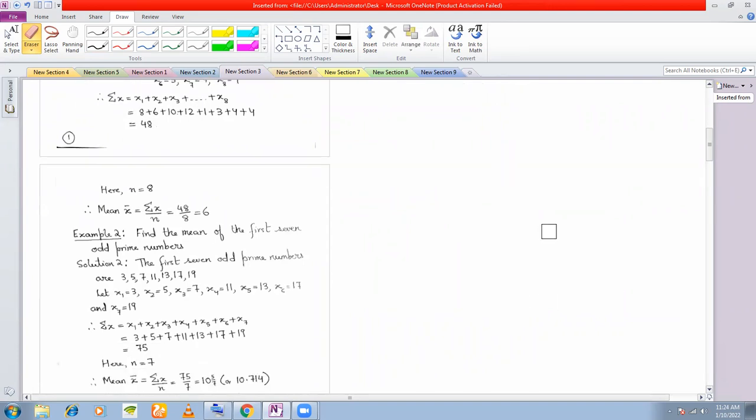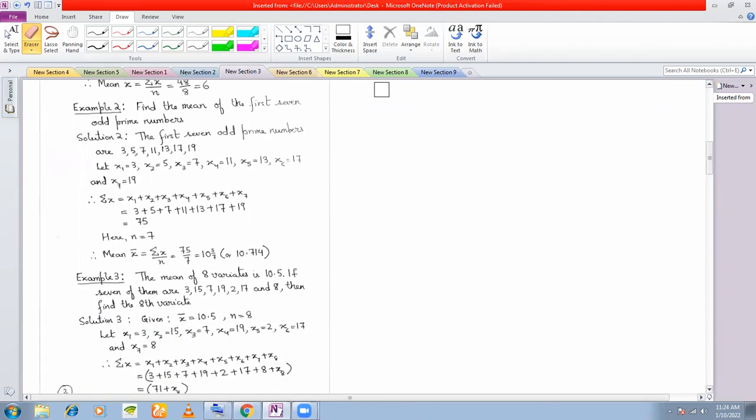Median can also be an average, because we'll be discussing median. In fact, there is another measure of average, which is called the mode. Mode can also be an average. But when we say mean, we are specifically talking about the arithmetic mean. Do you understand the difference between average and mean? Yes, sir.